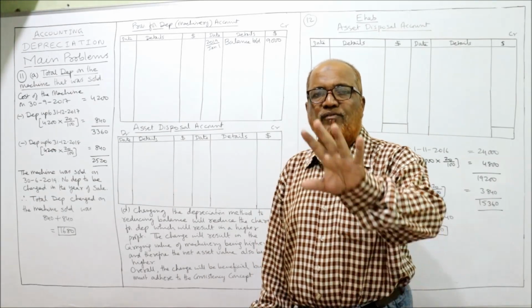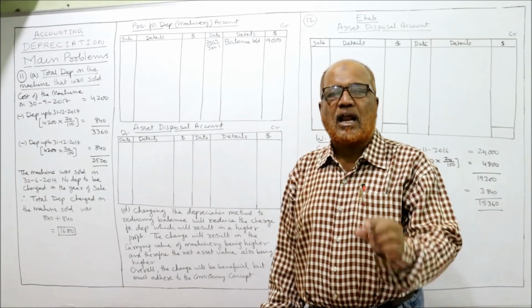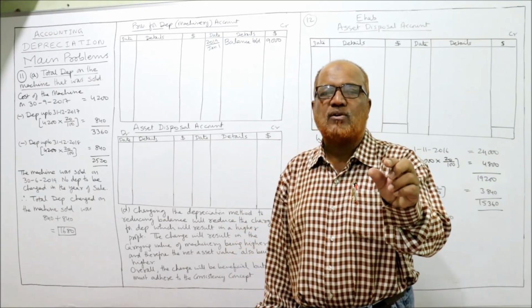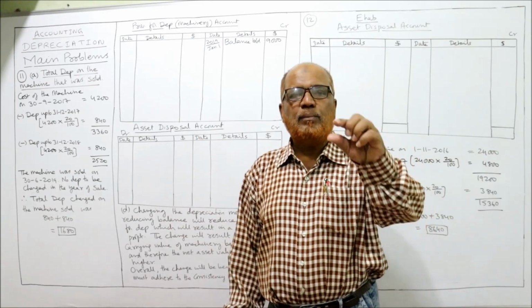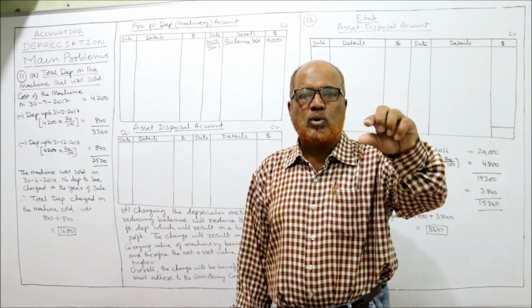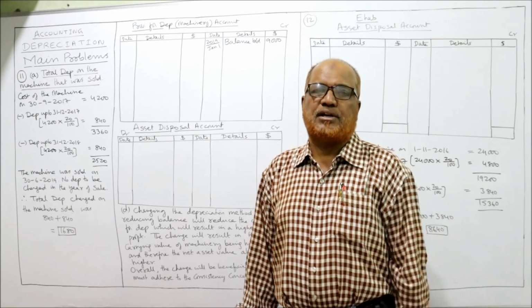When a machine is sold, we will pass 4 entries. The first entry: transfer the original cost of the asset to asset disposal account. The entry will be asset disposal account debit, machinery account credit.